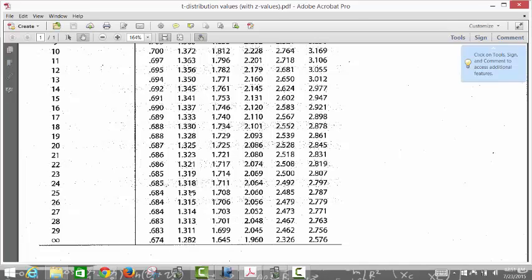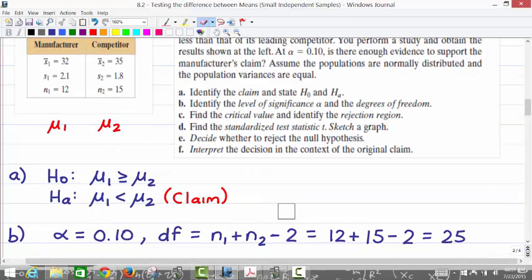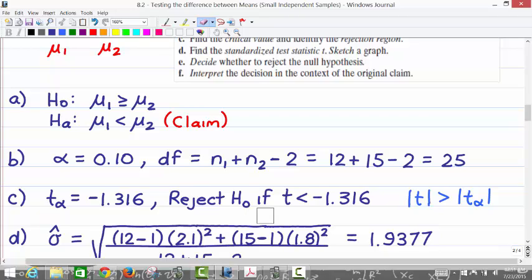Left-tailed test, it's negative, so you have to put the negative there. Once again, right tail is positive, and two-tail automatically implies a plus and a minus. So here's my rejection rule: reject the null if t is less than negative 1.316.